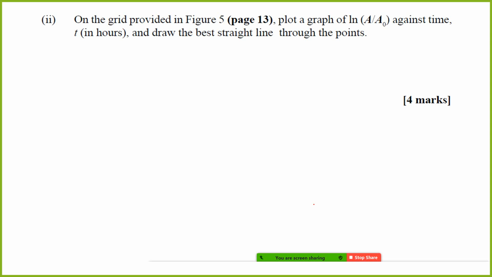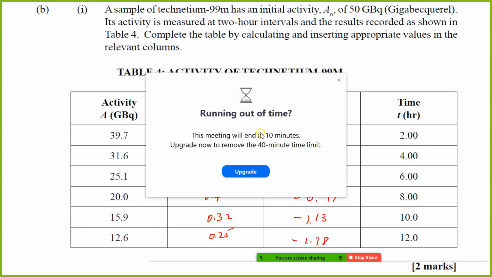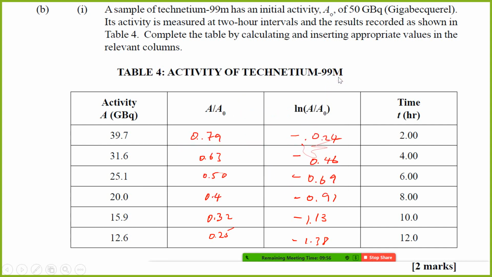So basically, it says on the paper you're provided: plot a graph of ln a over a naught against time in hours. So we don't have to convert the hours. It is as is, right? We don't need to convert it. All right, I'm pretty sure you guys have graph papers as well.